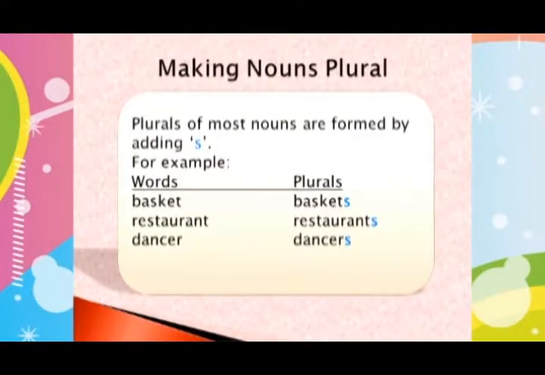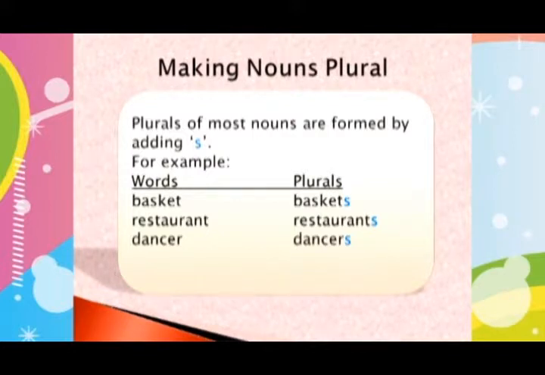Now, let us look at how to make nouns plural. Today, we are going to look at one of several ways. Plurals of most nouns are formed by adding s.